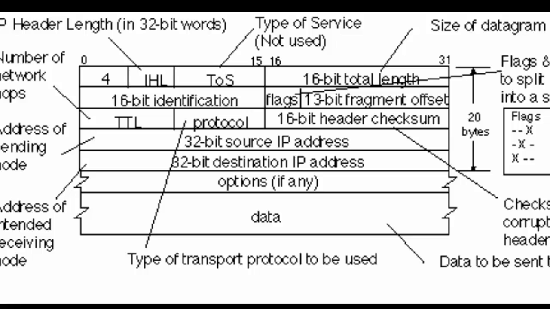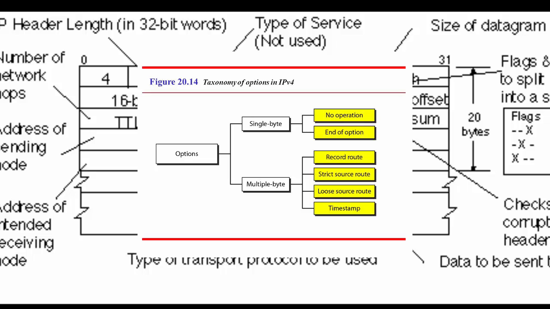So lastly we will see about the options. Basically, options are additional header fields that may follow the destination address field, but these are not often used. The value in the IHL field, internet header length, must include enough extra 32-bit words to hold all the options.